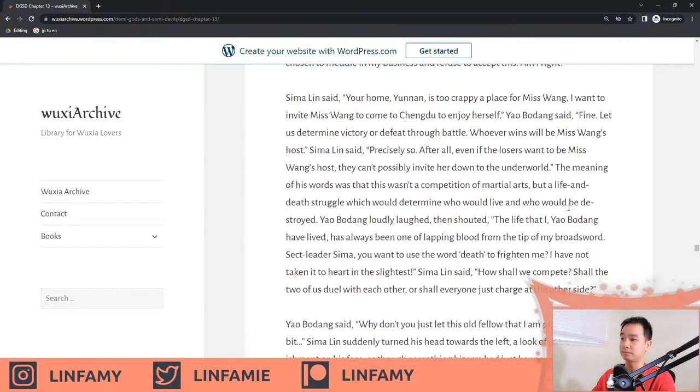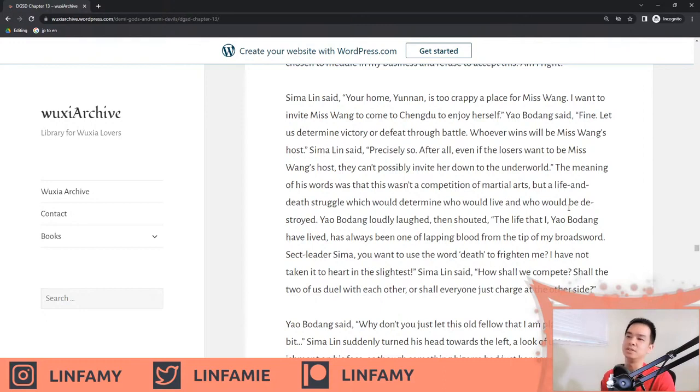Yao Bodong said, "Fine. Let us determine victory or defeat through battle. Whoever wins will be Miss Wang's host." "Precisely so. After all, even if the losers want to be Miss Wang's host, they can't possibly invite her down to the underworld."